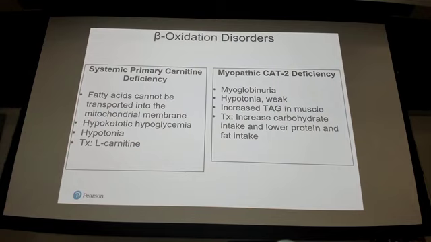That breakdown of myoglobin is going to spill into the urine, and that's why you're going to see the myoglobinuria. That also is going to cause increased triglycerides in the muscle tissue, which contributes to the muscle dysfunction as well. How you would treat this, you would tell your patients they would have to have a diet low in fats and proteins, and you would want them to eat high carbs, so that becomes a main energy source they use instead of fats. Does that make sense?